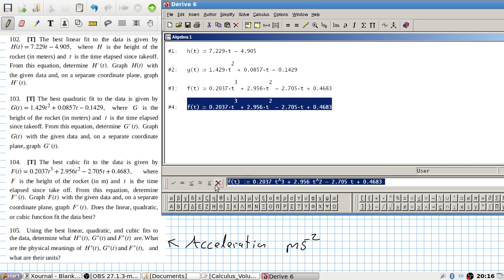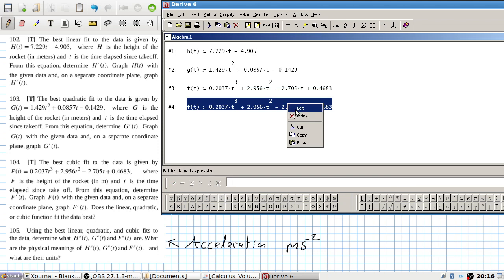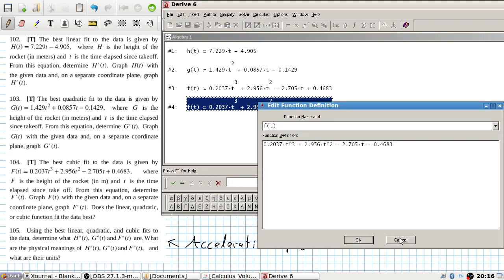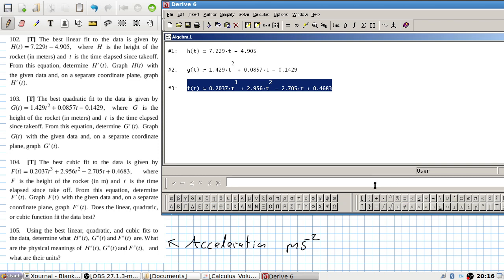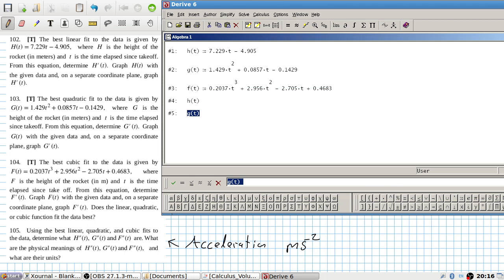Just plot. Delete that. Okay. Just plot h, g, and f.